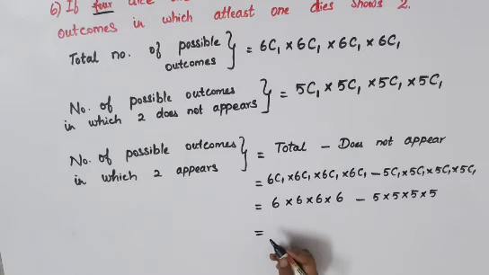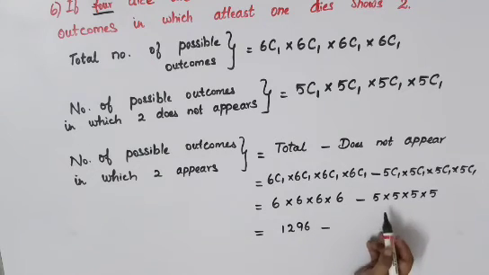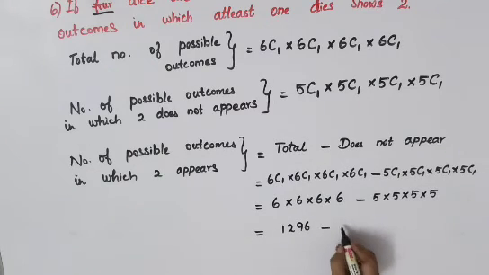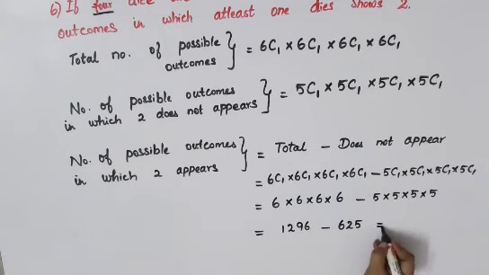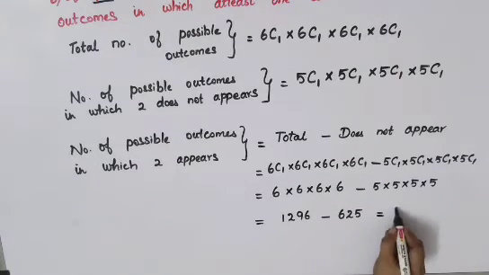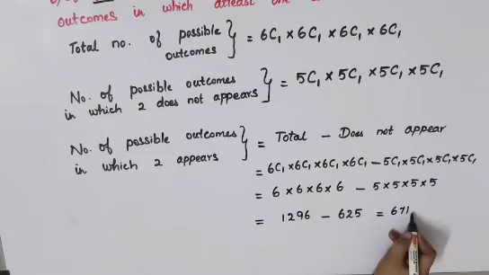6, 4 times you have got. So multiplying you will get your answer as 1296. Then minus 5, 4 times you have got. Just multiplying you will get your answer 625. Now subtract both the answers, you will get your last answer 671.